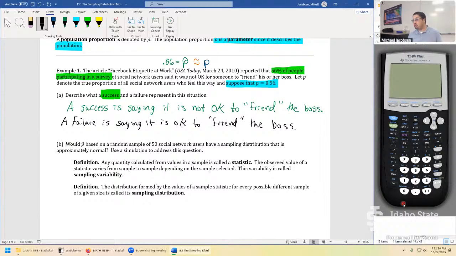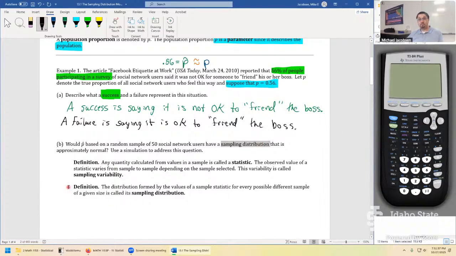Part B asks the question, would p hat, based on a random sample of 50 social network users, have a sampling distribution that's approximately normal? Use a simulation to address this question, and that's what we'll do in class. So the TI-84 can't quite do that part for us. We need to describe what we even mean by a sampling distribution.